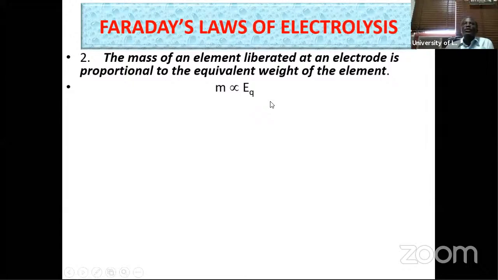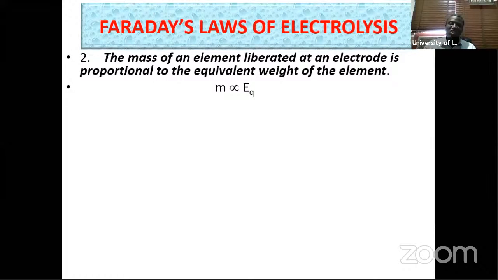Now, equivalent mass, for instance, if you have sodium, sodium is Na plus. It has just plus, so 1 Faraday will discharge 1 mole of sodium. And therefore, equivalent mass of sodium will be 23. Now, if you have calcium, for instance, calcium is 2+. To discharge 1 mole of calcium, you need 2 moles of electron, 2 Faradays.